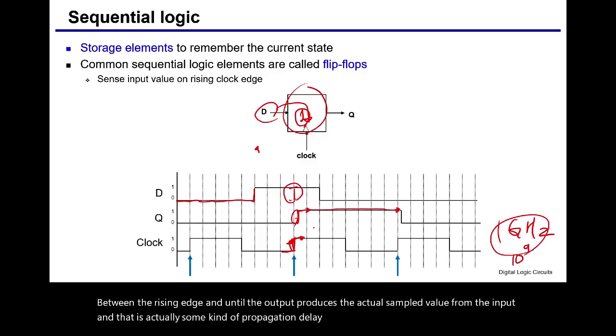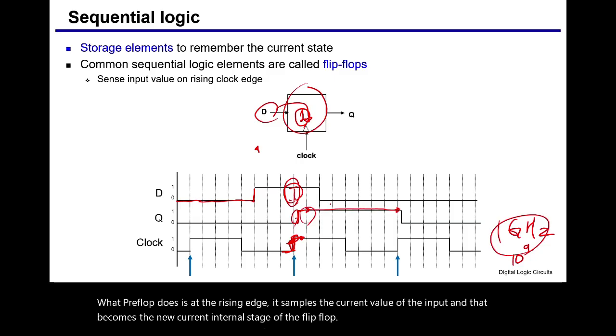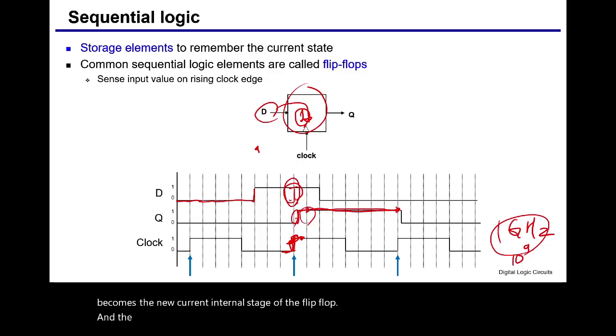But ignoring this, what the flip-flop does is, at the rising edge, it samples the current value of the input, and that becomes the new current internal state of the flip-flop. And the same value will be the output of the flip-flop until the next rising edge.